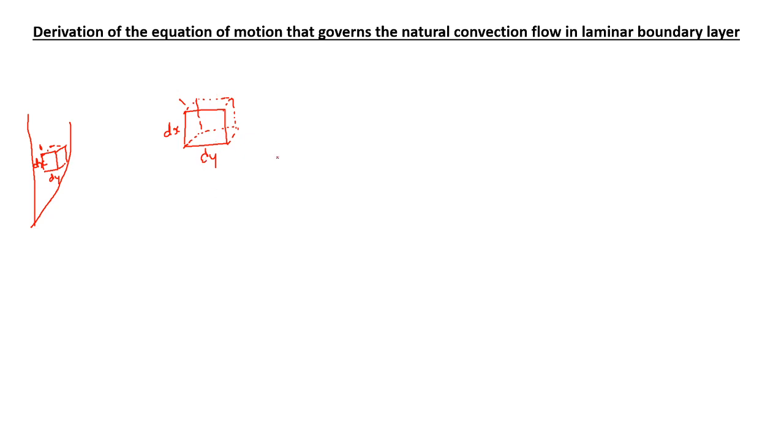According to mass conservation, if we apply mass conservation here, the mass flow rate into the control volume is equal to the mass flow rate coming out from the control volume.